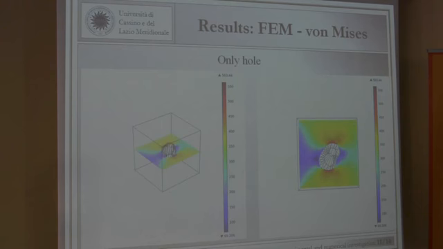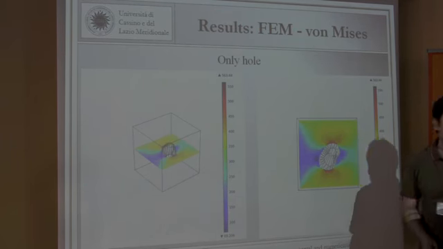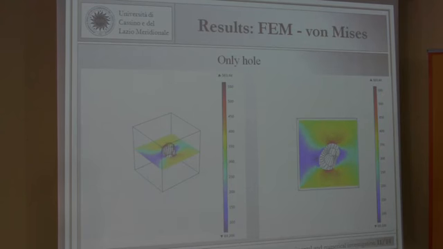This is the first result. We checked in the literature the presence of a lot of models that treat the presence of nodules as a simple hole. Our first example is a sort of box made of metal matrix with the presence of a hole, but this hole is characterized by the same shape as the nodule.